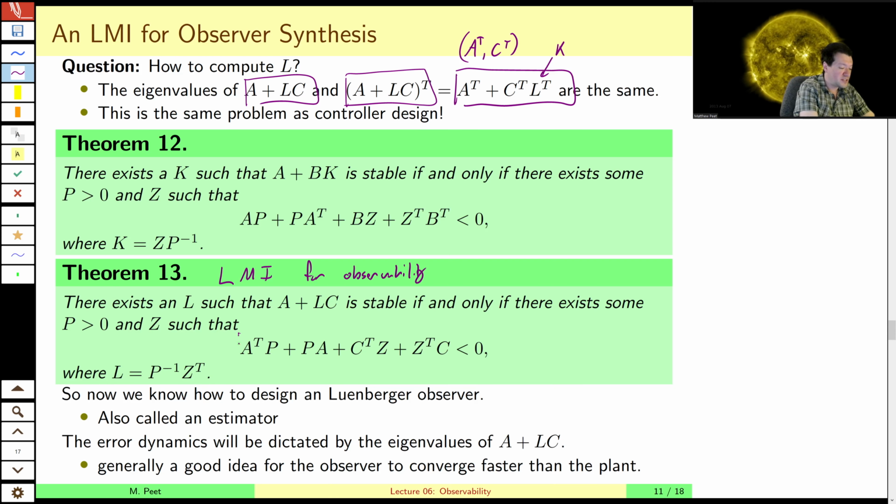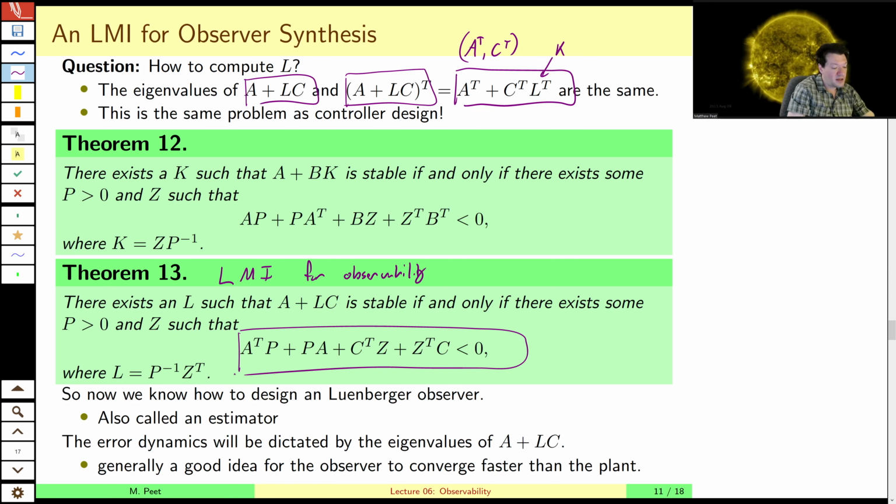So if we solve this LMI, that says that A transpose plus C transpose K, or I mean A plus BK, let's call this, for the sake of brevity, K, has eigenvalues that are all negative, and the controller which gives you that is K equals ZP inverse, remember.